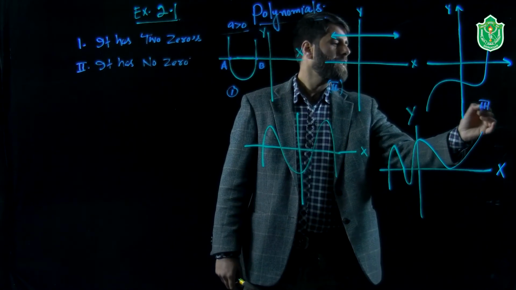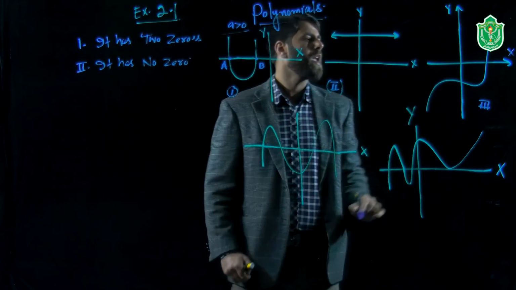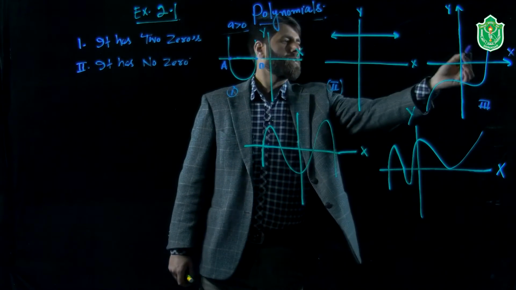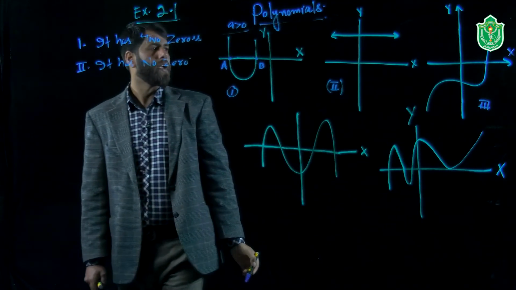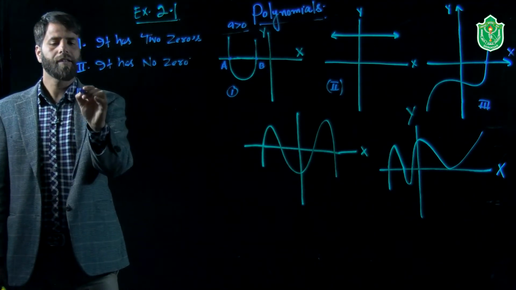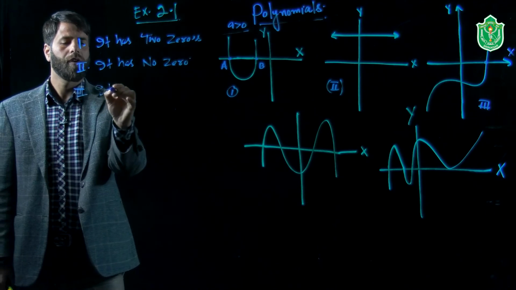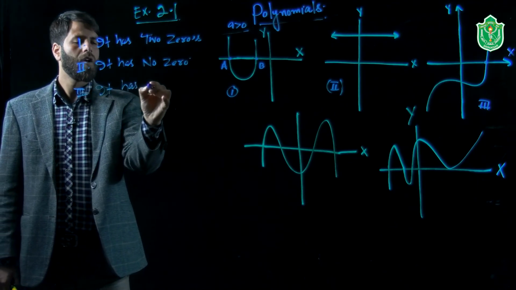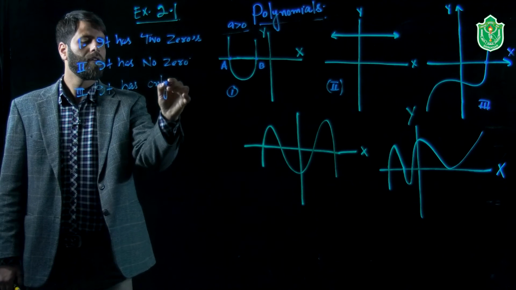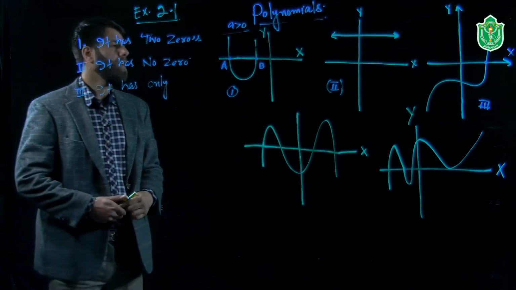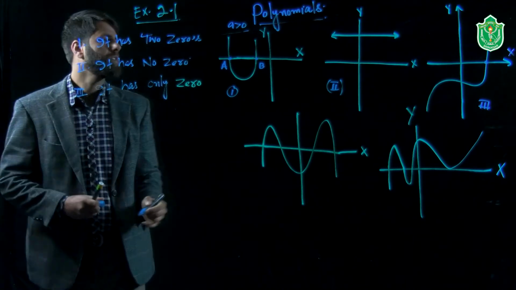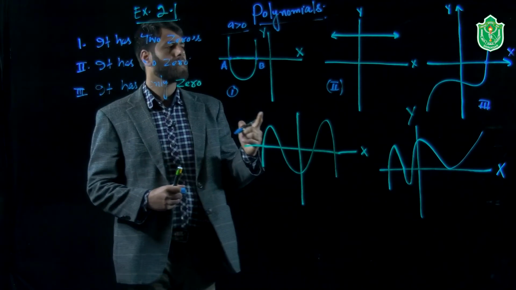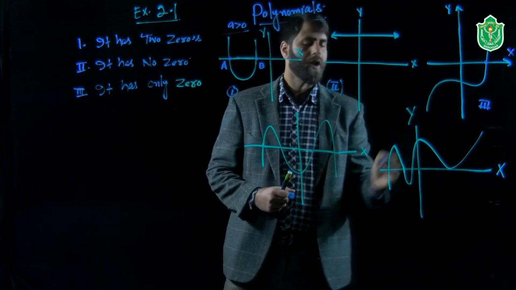Here is the x-axis and this is the y-axis. This graph intersects the x-axis at exactly 1 point. So it has only 1 zero. Why? Because it will intersect the x-axis at exactly 1 point.